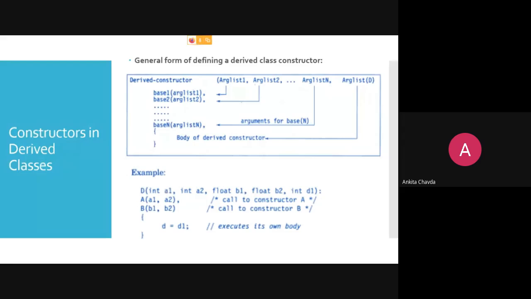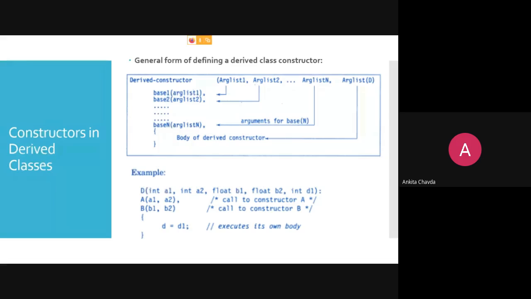So here a1, a2 are variables of your class A. Then b1, b2 are the variables of your class B. And finally, I'm writing integer d1, which is the child class's own variable.